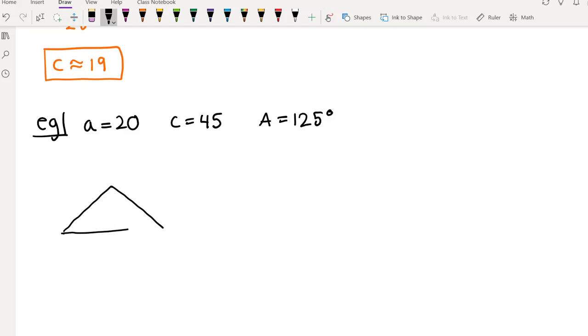I'm just going to draw something like that. So this is angle A, 125. This is side length A, which is equal to 20. Let's just say that this maybe is B and this is C. So C over here is supposed to equal, oops, not 45 degrees, 45 units. And that's it. Let me just add in C is equal to.